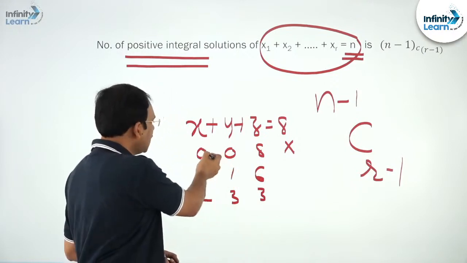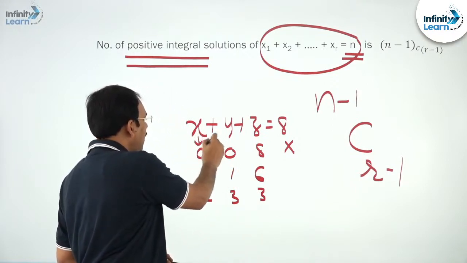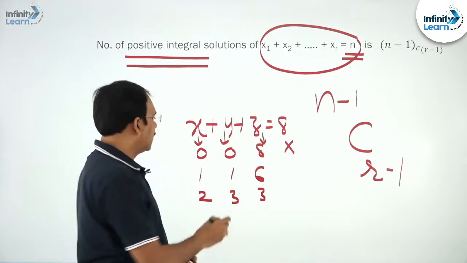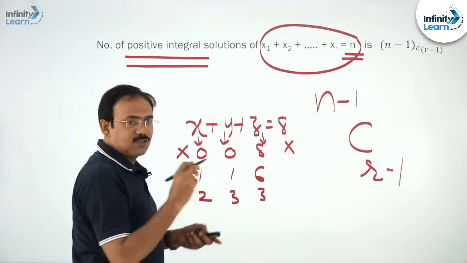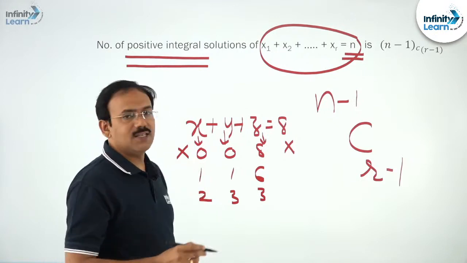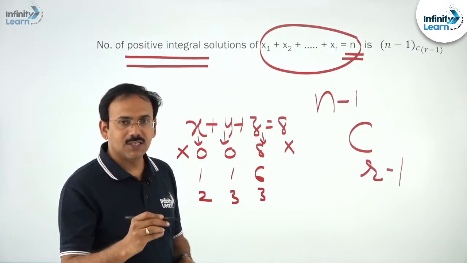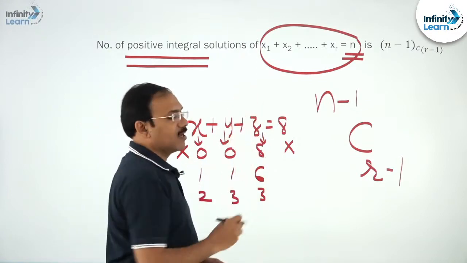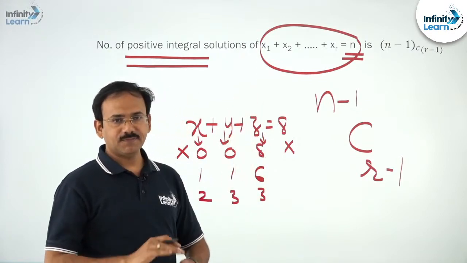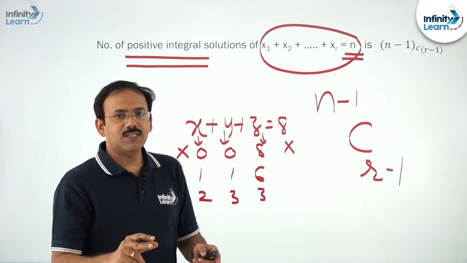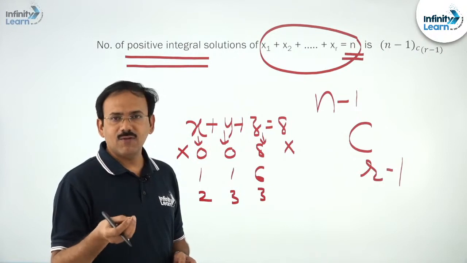Because otherwise x box is empty, y is empty, z took all the 8 identical balls, which is not admissible here. So point number 2 is n minus 1 C r minus 1, the answer for the number of positive integral solutions. Clear, friends?